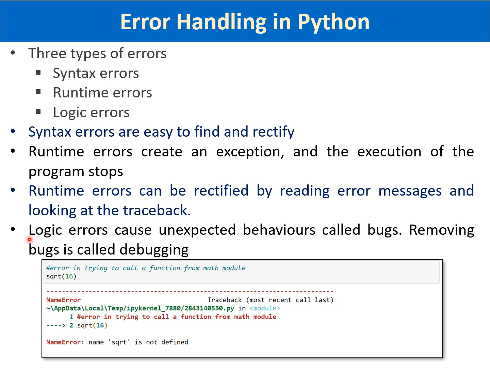That is because of some logic error you have committed inside the code, like missing a parenthesis, or a change in the order of expressions, so some logical error which will be hard to find. Such unexpected behaviors are called bugs, and removing the bugs is known as debugging.